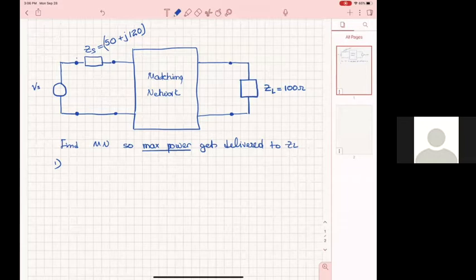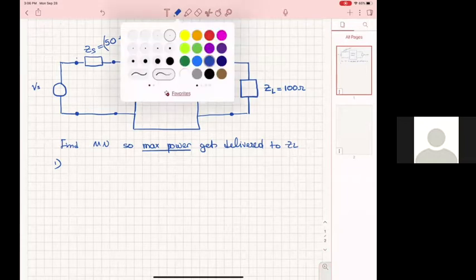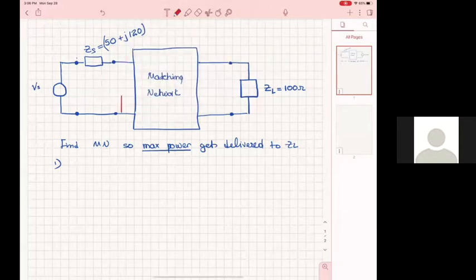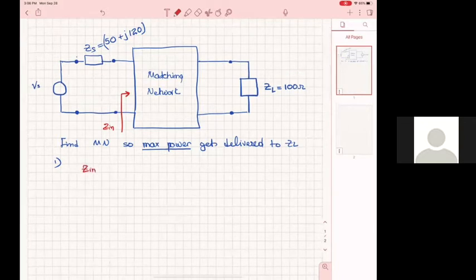Then we have to make the input impedance here, how much should this be? It should be the conjugate of ZS, so 50 minus j120. Yes, the complex conjugate of ZS, all right?